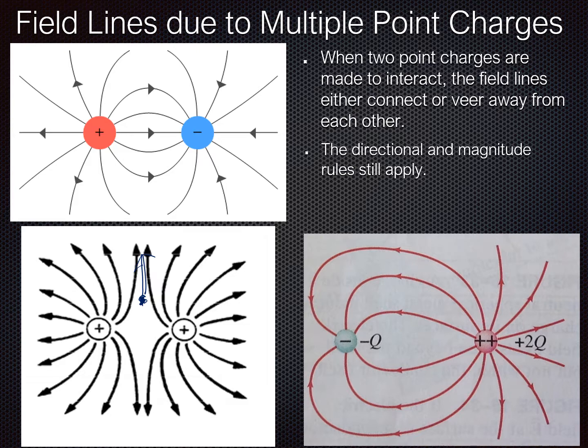Or you could actually do the math and calculate how strong the field is from one object or the other. Like if I chose this point right here, I could say that the field from the right charge is going to be pointing this way. And then if I have the negative charge, I see that the field is going to be pointing this way. And you can see that one is stronger than the other.